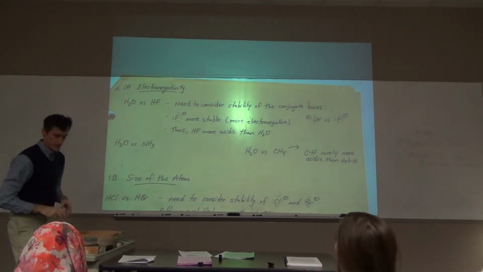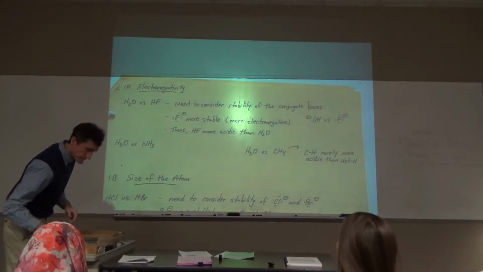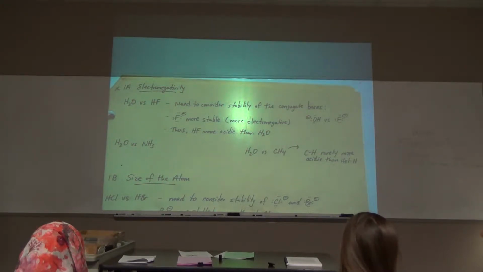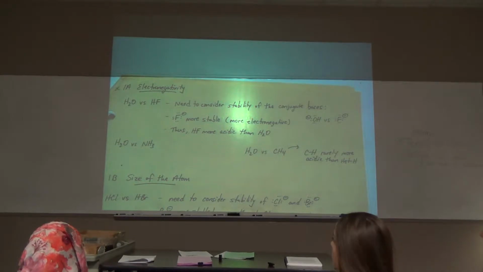Which is more acidic? HF. Why? Under 1A, what's more electronegative? Fluorine. Okay.